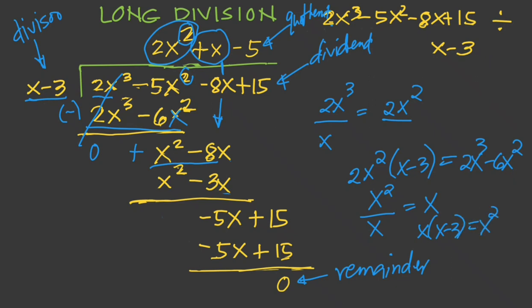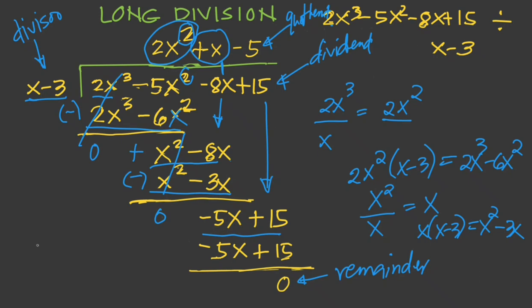It will be x squared minus 3x. And then we write it here. We subtract. This cancels out. This is equal to 0. Then negative 8x minus negative 3x would be negative 5x. And then we bring down 15. That would be negative 5x plus 15.